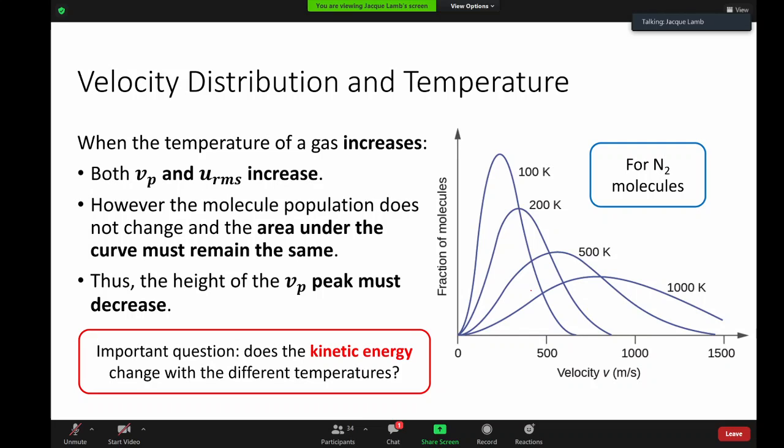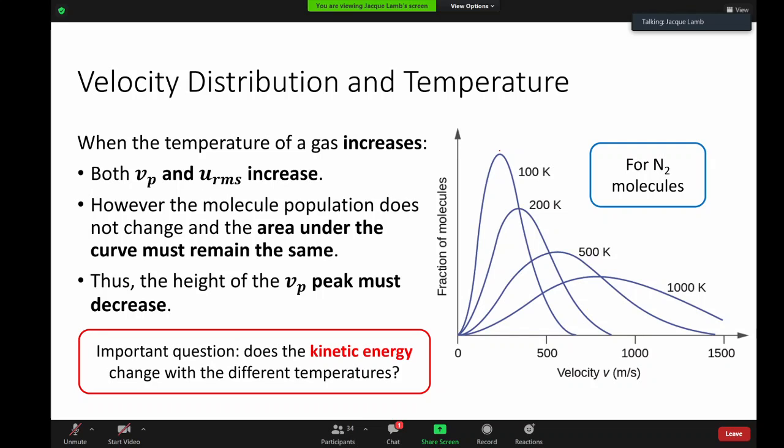The area under the curve, however, has to stay the same. So that means that as this distribution becomes broader, the peak has to come down. At lower temperatures, you have a much higher peak and a much narrower curve.